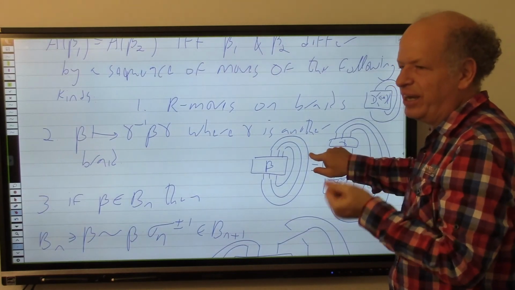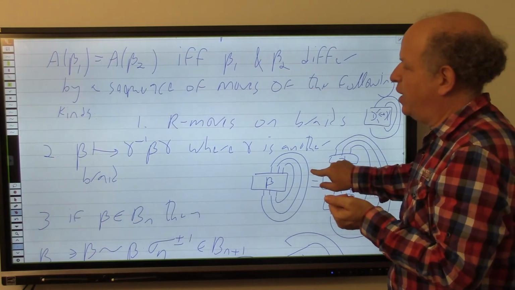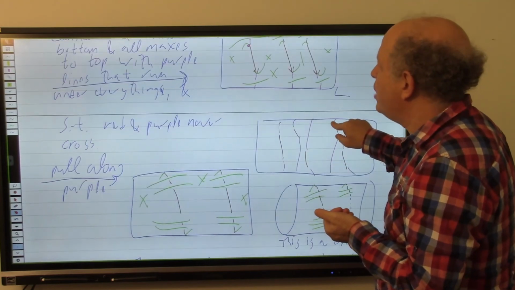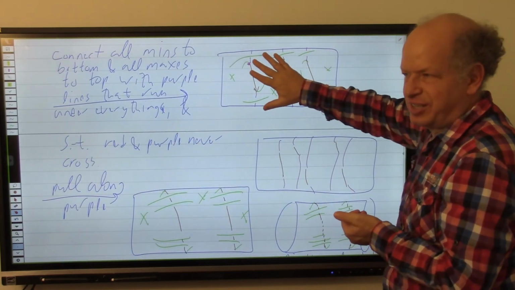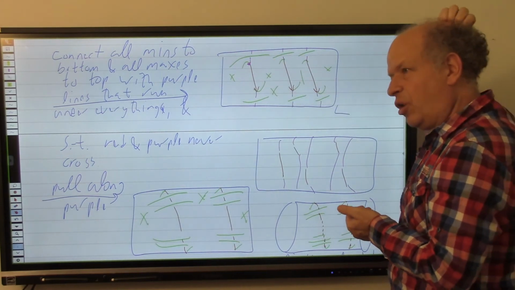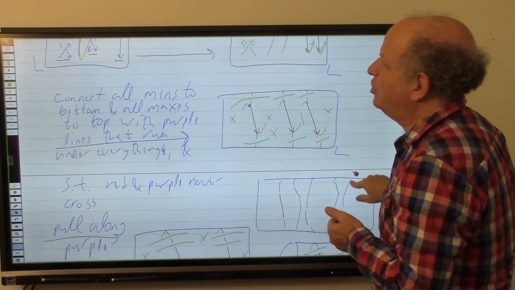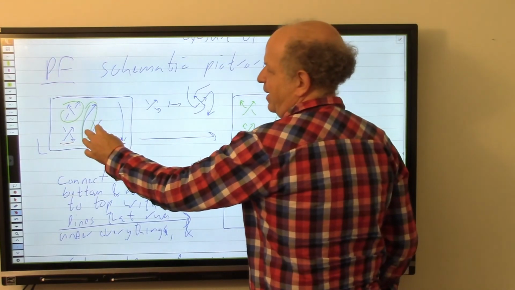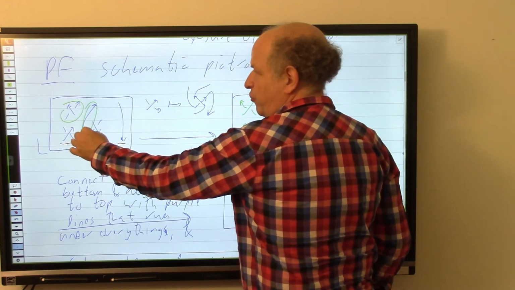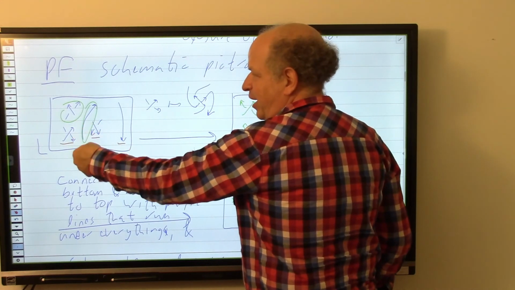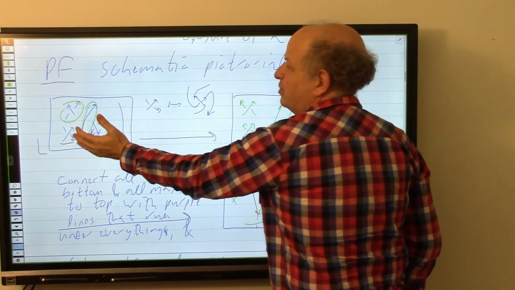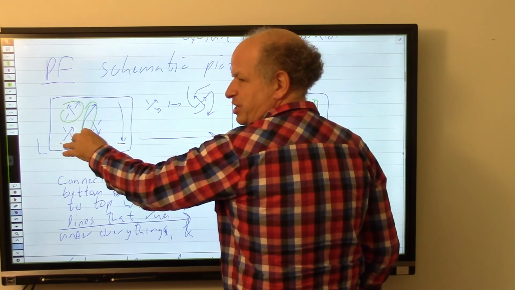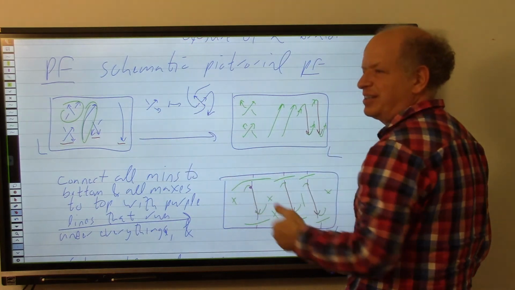But anyway, let me give you a hint. So basically, all you have to do is to really understand the process I've written here. So all you have to do is to say to yourself, suppose I start from two knot diagrams that represent the same knot.